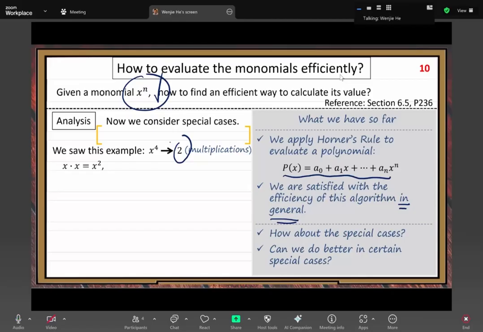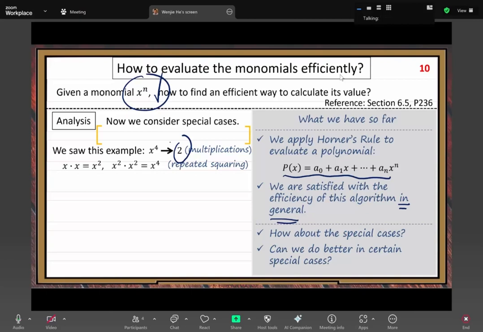The second time, x squared times x squared, the second square operation. So then we just need 2 multiplications. Here we call it the repeated squaring technique.